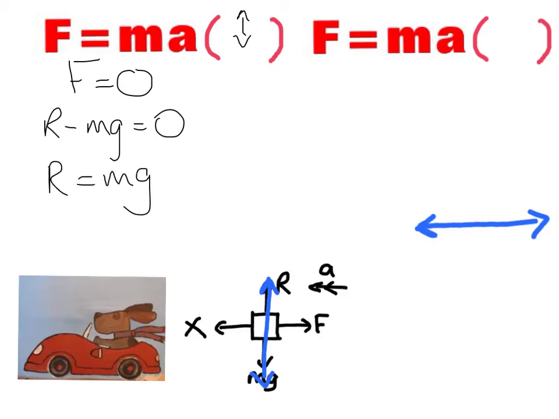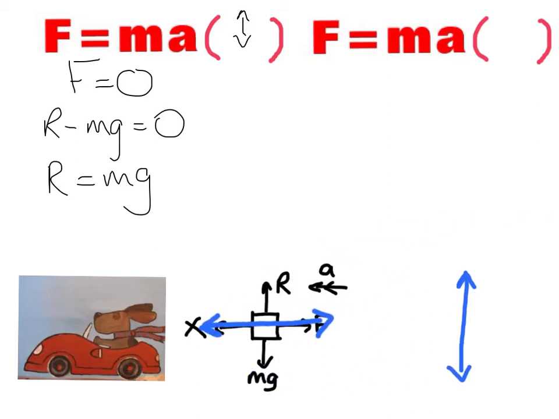Either of those equations. Okay, now let's look at our left, right. Now when we do our F equals ma, we're going in the direction of the acceleration, which is this way. So that is going to be my positive direction, and the opposite direction is going to be negative. So looking at my picture, what have I got going in this direction? I've got x, and then in the opposite direction, F, but that's the opposite direction, so negative.